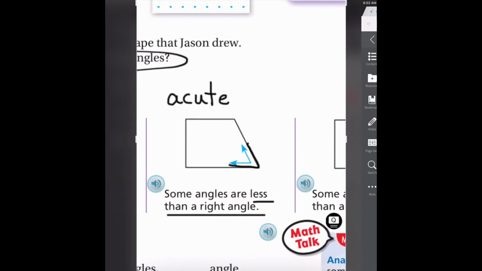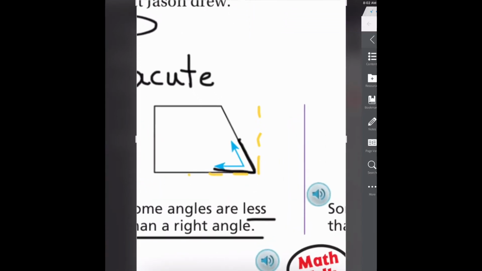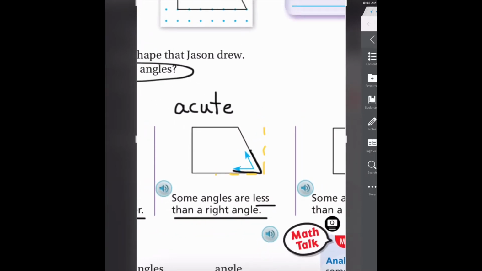So if you compared it, for example, to the edge of your desk, it would go like this, right? Or the edge of your paper. And this angle is less than that. It's smaller than that angle that you would see on the corner of your desk or paper. So that's less than a right angle.